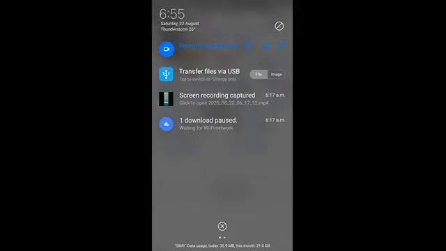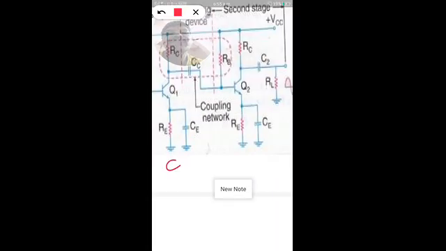And coming to another important component in the circuit, that is the emitter bypass capacitor, CE. In the absence of CE, more voltage drop takes place at RE. Therefore the voltage gain is going to decrease.